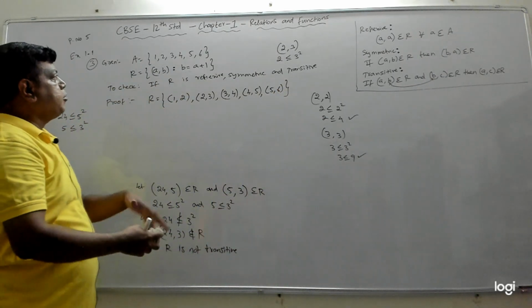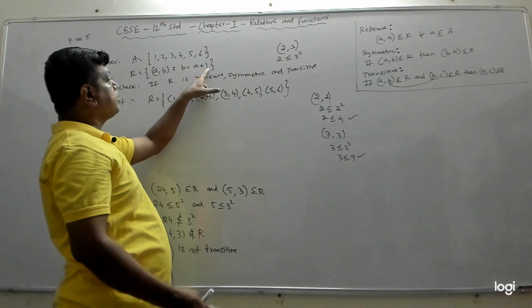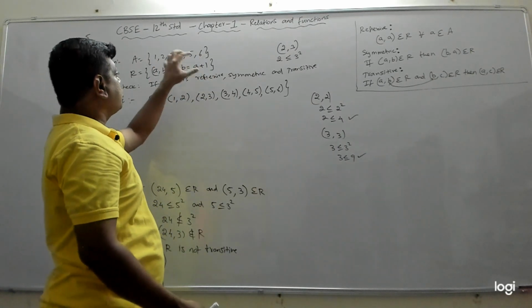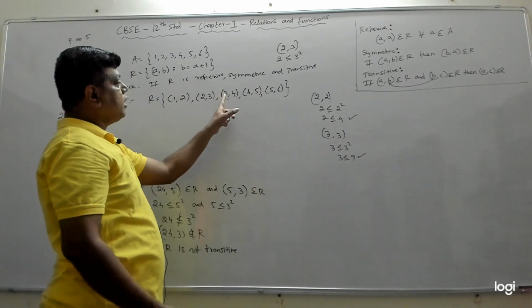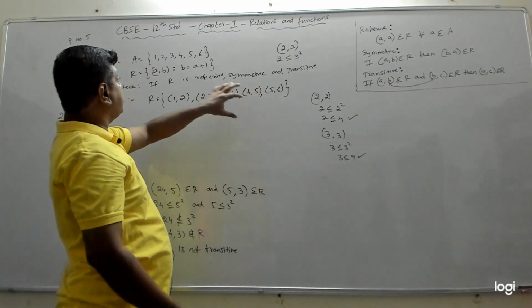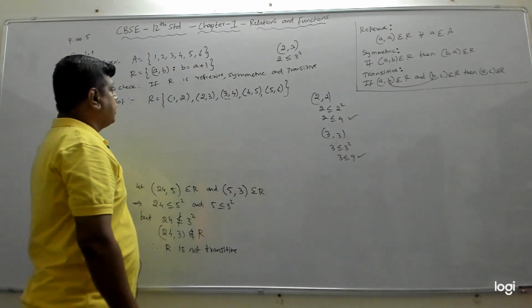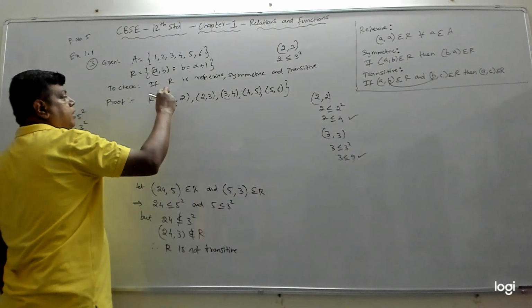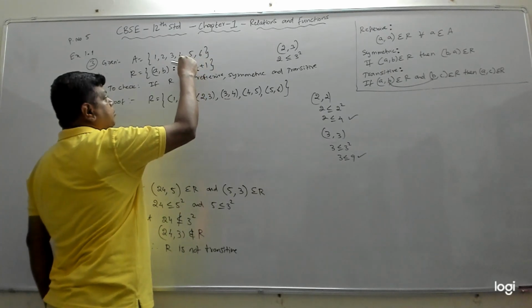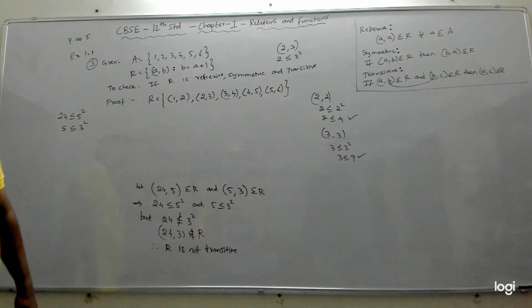If I put 6 for A, then B will become 7. But 7 is not in the set. So you should write the elements, both of them, from this set A. Everything should come from this set A. So this is our relation set. So we have written the given relation from the set builder form to the roster form.